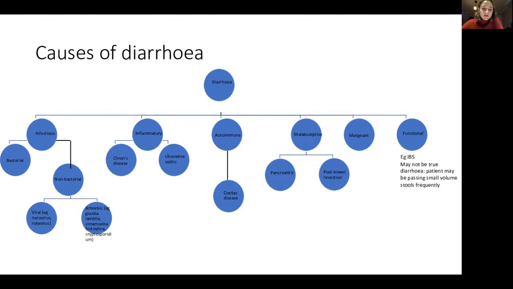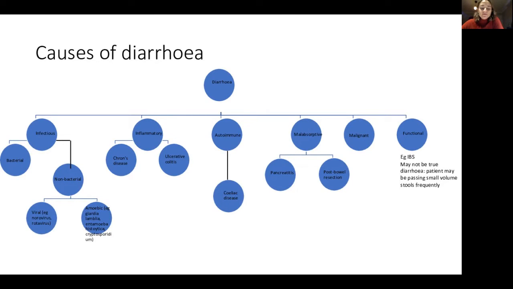Autoimmune causes of diarrhea would be something like celiac disease. Malabsorptive causes would be pancreatitis, where the digestive enzymes are not produced effectively, so you get something called steatorrhea. Stools are difficult to flush and foul smelling, typically in exam questions.